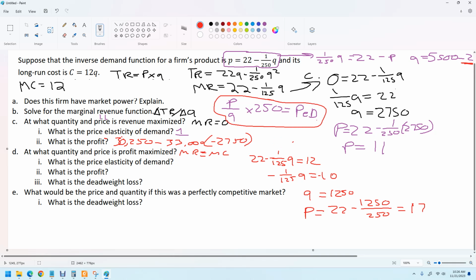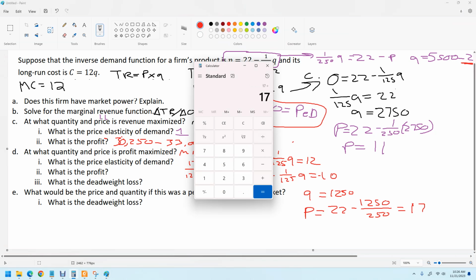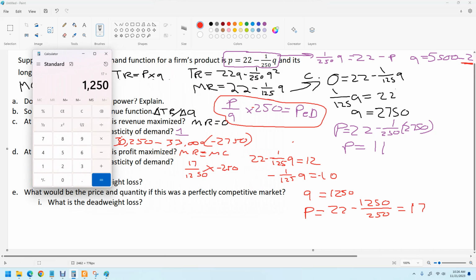So price elasticity of demand, we're going to use this formula here. So we're multiplying it by, this is a negative, I suppose. Okay, so price over quantity, so 17 over 1,250 times negative 250. And what do we get there? I'm going to multiply that by 250, and we get positive 3.4.